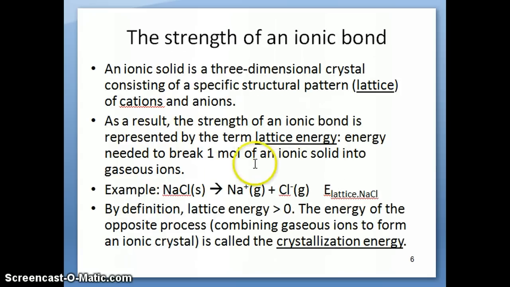The idea here is that the lattice energy is the energy it takes to bring sodium chloride from a solid state, which is the salt you see at home, and take it apart into ions, sodium plus and chloride minus, in the gas state. The energy needed for this reaction is what we refer to as the lattice energy for sodium chloride. So it's the energy needed to break 1 mole of an ionic solid into ions in the gas form. Because of this definition, obviously the sodium chloride is more stable, right?